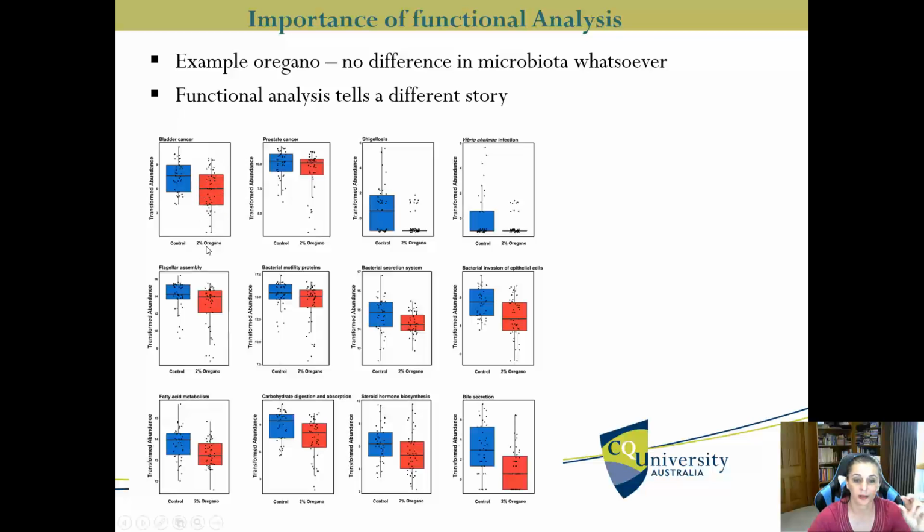Can you hear the way I'm saying it? You have to be very specific. So it's not that birds had less cancer. This function is talking about what is in bacteria in the gut of the bird. Bacterial community that was under 2% oregano for 6 months had fewer genes involved in bladder cancer, in prostate cancer, in different infections, less ability to assemble flagella, less motility proteins.